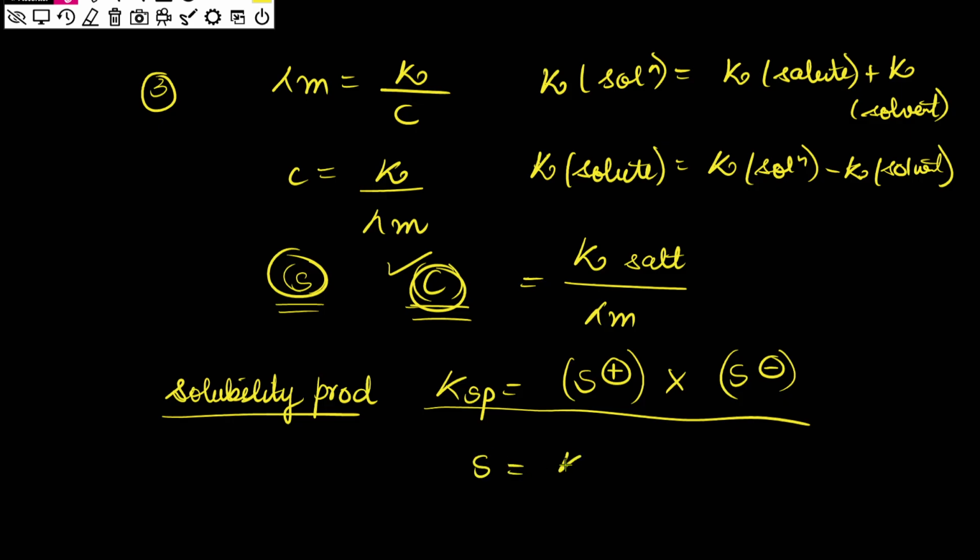So the solubility of a salt is equal to the conductivity of the salt upon the limiting molar conductivity. Through this also you can calculate the solubility. So this is the third important application of conductometric titration. I know it's quite confusing, but if you just try to remember the formulas, you will easily be able to draw out the result.